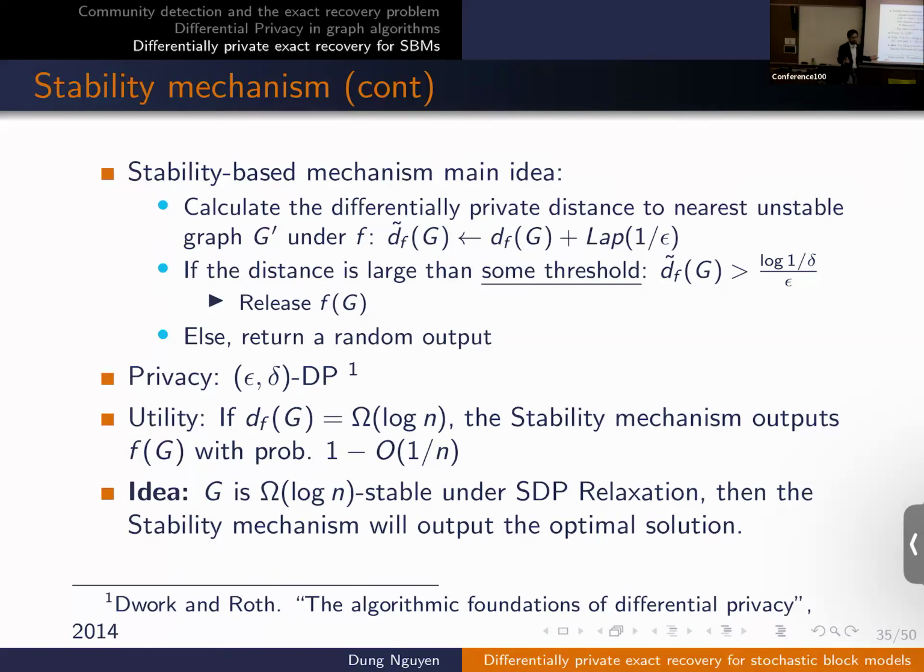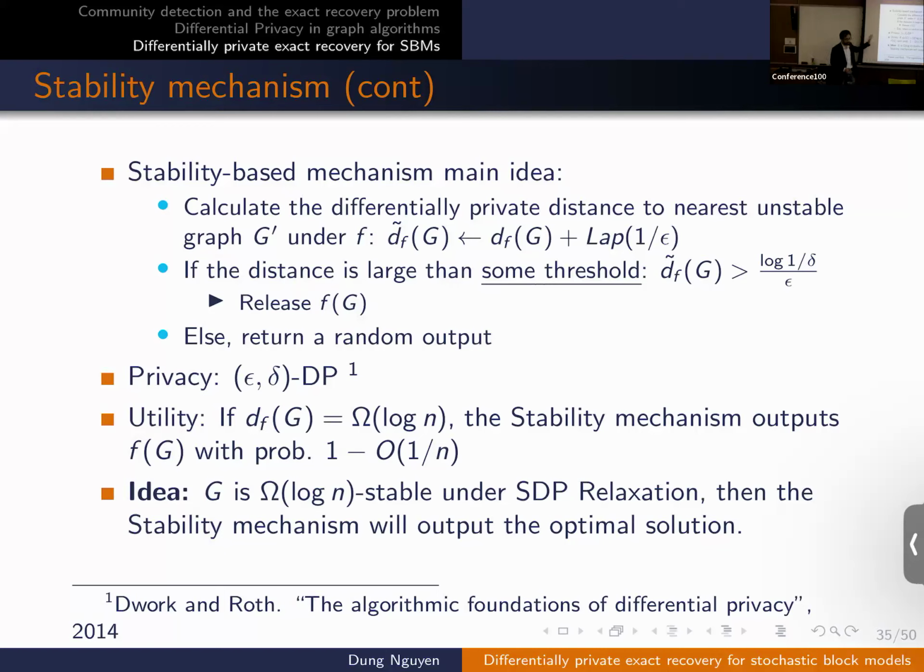But for now, think of it as a black box where you have a noisy distance to the f of G here. If the noisy distance is larger than some threshold, we output the output of f of G, and otherwise we release a random output.